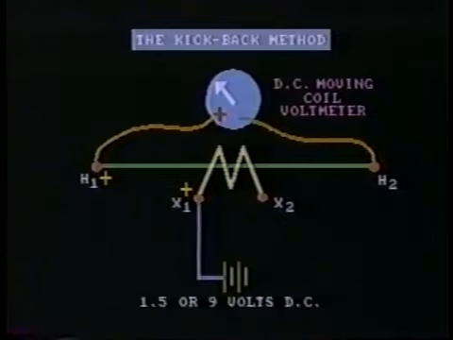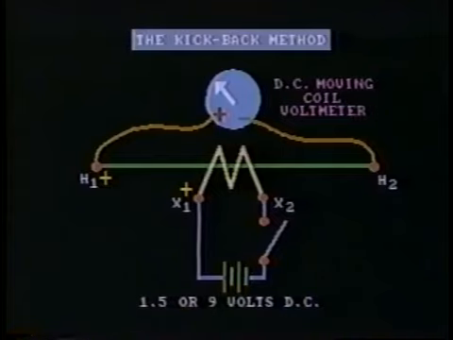The positive terminal of a dry cell battery, typically a 1.5 or 9 volt, is then connected to the secondary terminal marked X1. The negative terminal of the battery is connected to X2 with an open switch in the line.